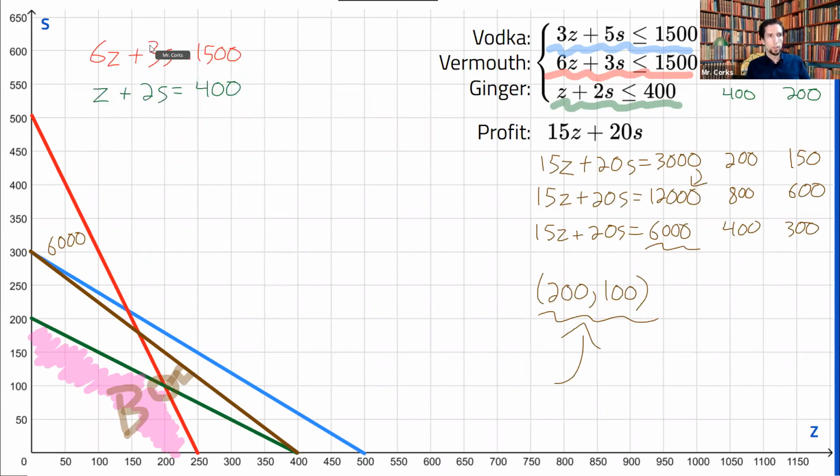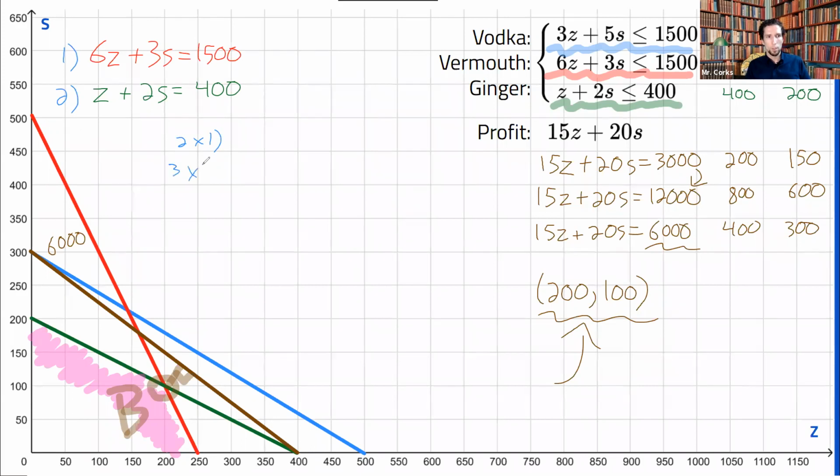Okay, so if we're going to do that, then let's write this over here. So what are we going to do? Equation 1, equation 2. What are we going to do to eliminate? Equation 1 multiplied by 2. Okay, so 2 times equation 1, and 3 times equation 2.